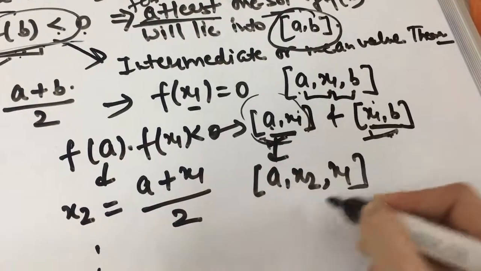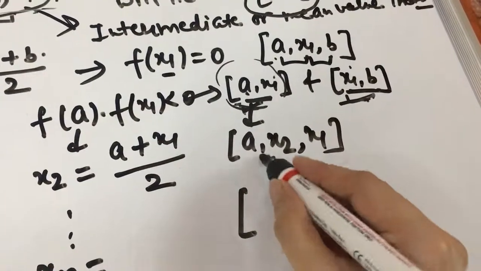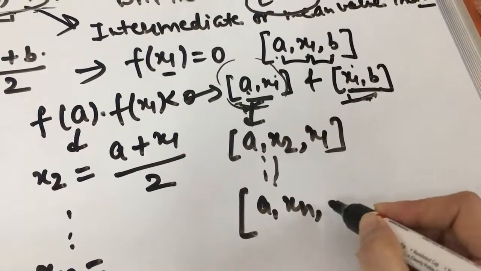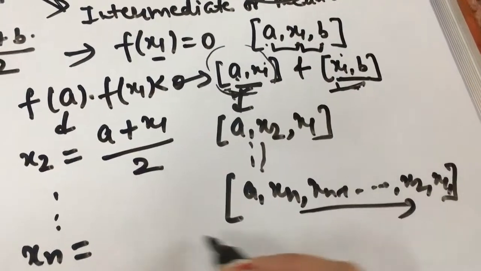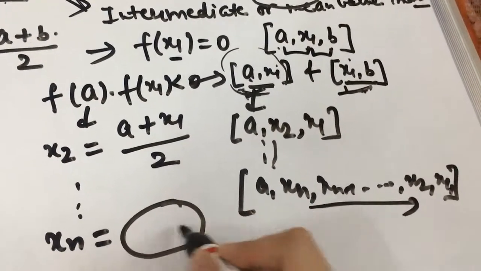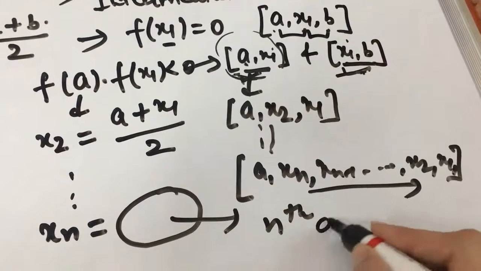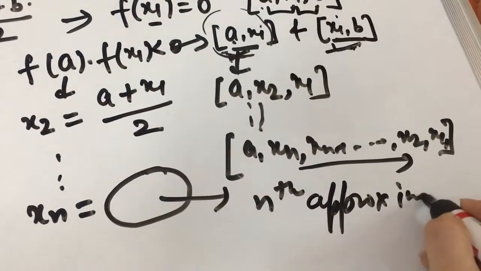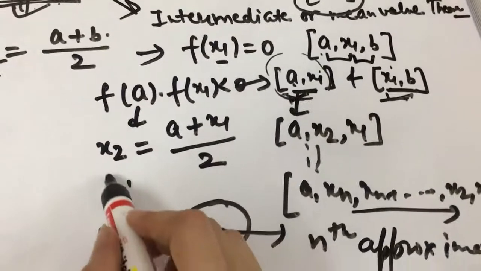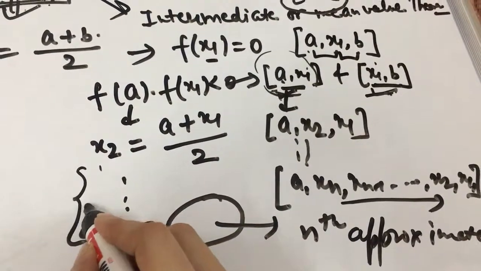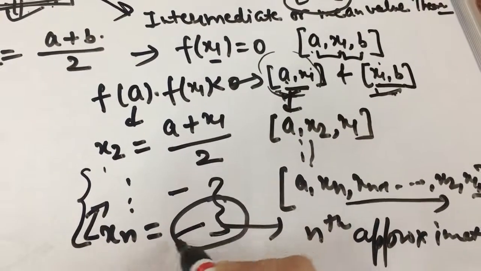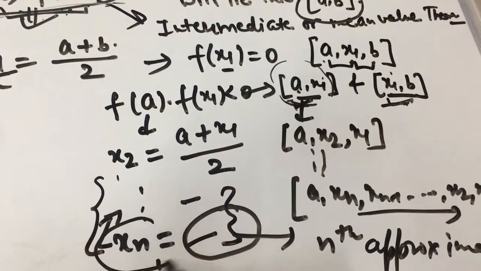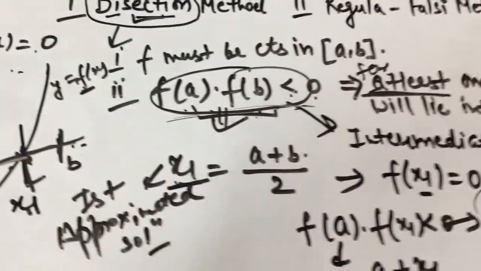A, x2, x1, and so on. So in the end we will get nth approximated root, and we need to find the solution until the two iterations' values come same. When they come same, then we will stop the iteration. That will be the final solution or approximated solution of equation f(x) equal to 0.